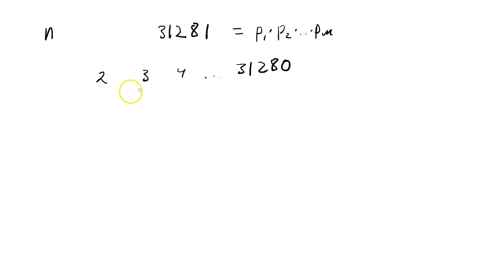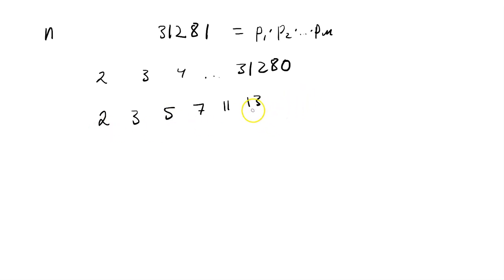So we don't have to test all integers here. We only have to divide by all prime numbers smaller than the number. To see, for example, if it's divisible by 2, if it's divisible by 3, then the next prime number 5, then 7, 11, 13, and so on.